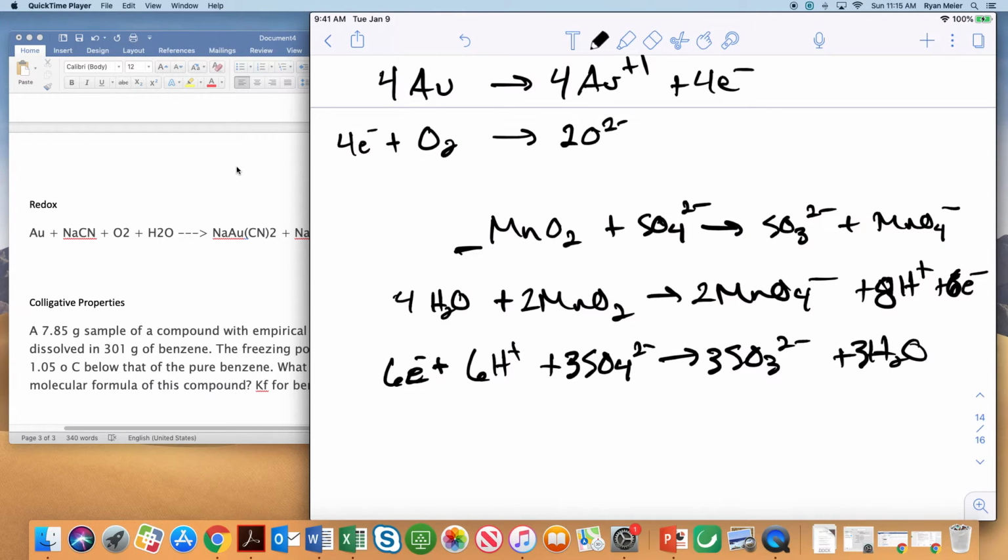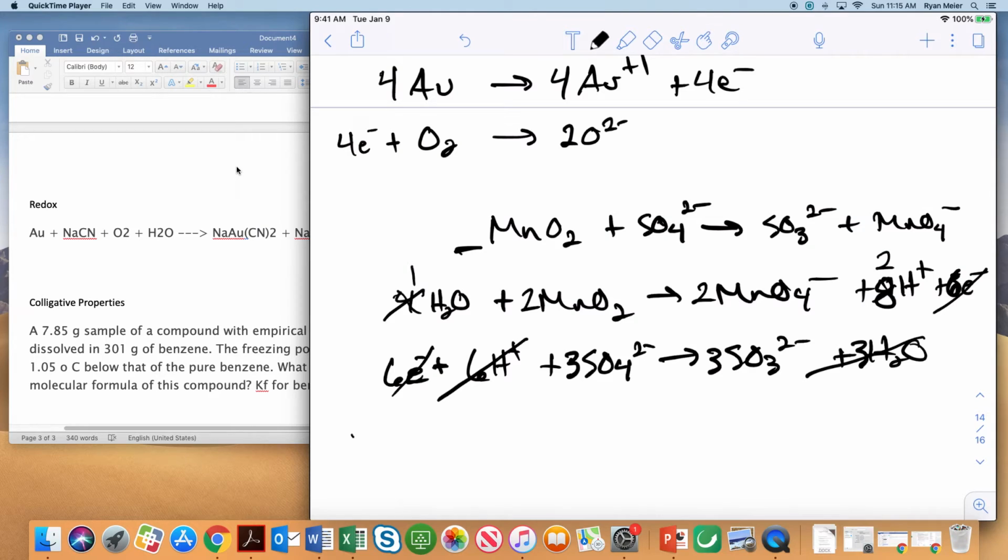Now I just add and cancel everything. Cancel out the 6 electrons on each side. I have 8H+ on the right and 6H+ on the left, so all the ones on the left are gone, leaving 2H+ on the right. There are 3 waters on the right and 4 on the left, so all the ones on the right cancel, leaving a single water on the left.